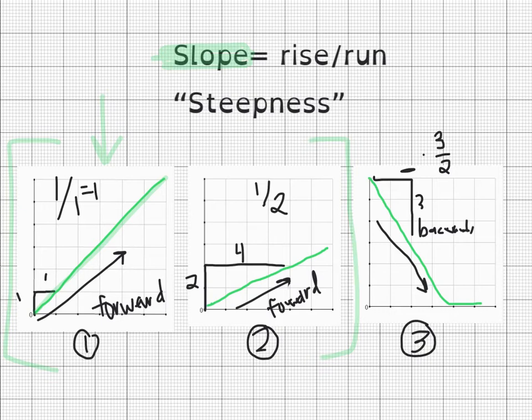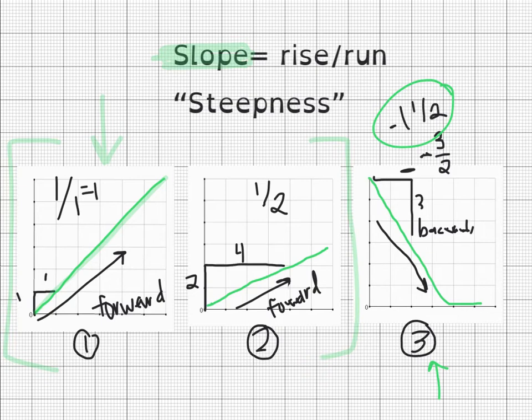Now, I know fractions aren't our favorite. They're not my favorite either. If we change this to a mixed number, something you might be more familiar with, our slope here is actually negative 1 and 1/2, meaning of the 3 of these graphs, the fastest one is actually graph 3. The steeper the slope, the faster the object is going, whether it's forwards or backwards.